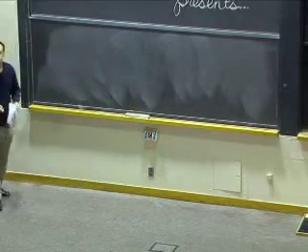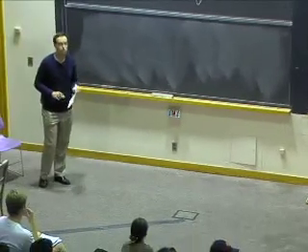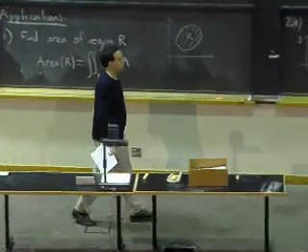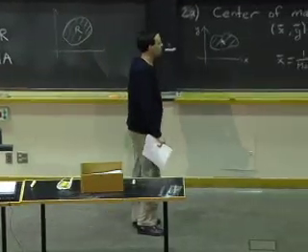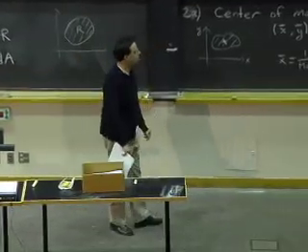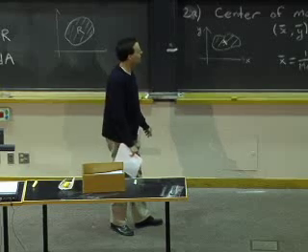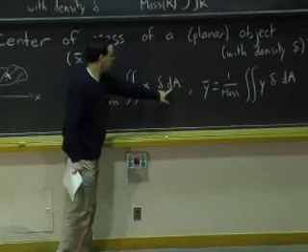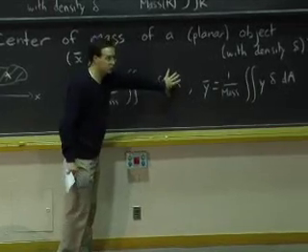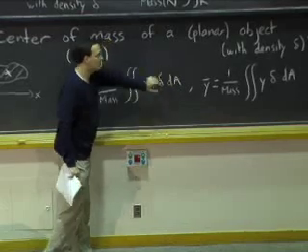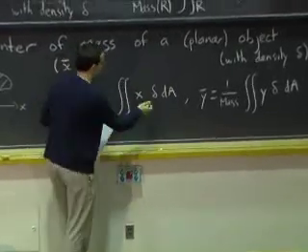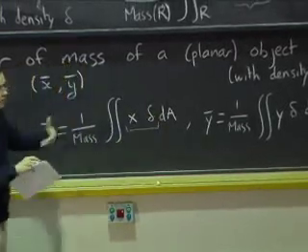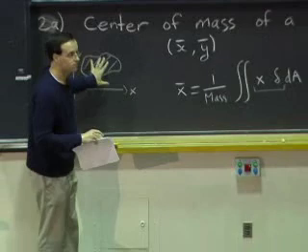Any questions so far? Yes? When you do that double integral over here, the inner one is y, the outer one is... No, sorry. No. Here I didn't set this up as an iterated integral yet. The function that I'm integrating is x times delta, where delta, the density, will be given to me maybe as a function of x and y.